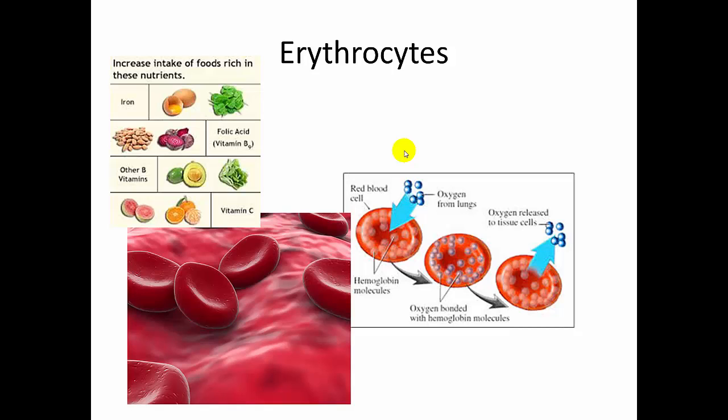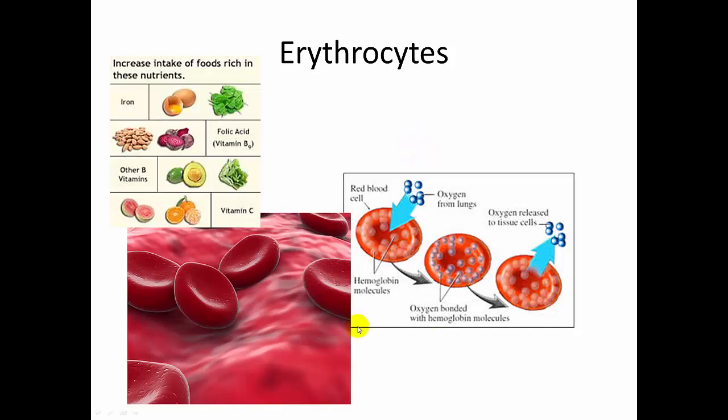And where's erythropoietin? Correct, the kidneys. And it stimulates the bone marrow to make more red blood cells. Now, this process doesn't happen within minutes or hours. It takes 3 to 5 days for this process to occur.